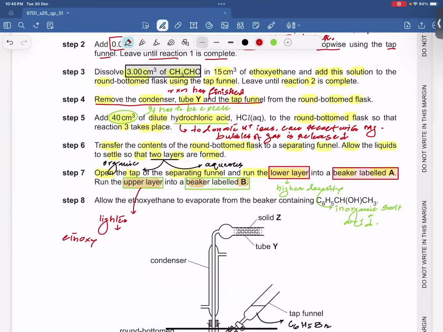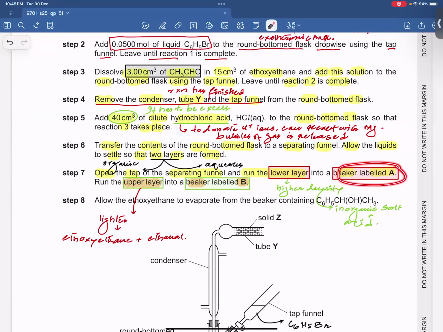Oh, ethoxyethane, my bad, not alcohol, ethanol plus ethanol. Okay. So water has higher density than ethoxyethane, which is why beaker A contains water. That is going to be the lower layer.